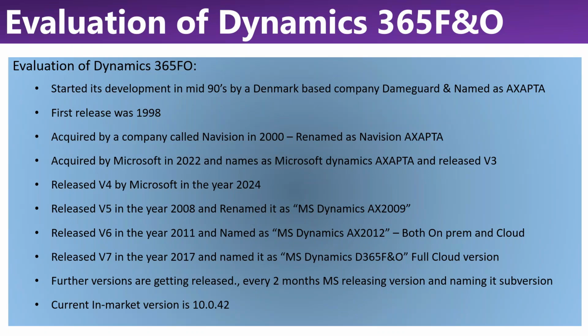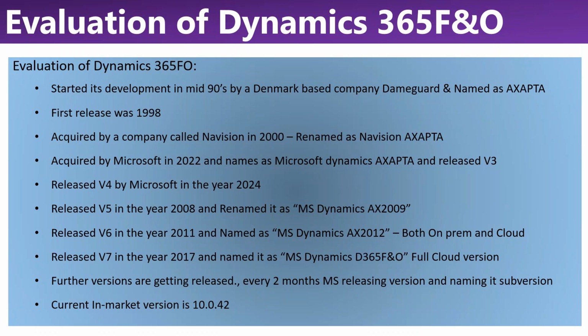The full name was reduced to AX 2009, and then they released another version, version 6, AX 2012, and in 2017 the current naming convention, Microsoft Dynamics 365 or Dynamics 365 F&O, they released. In F&O also, first they had not released a cloud version.